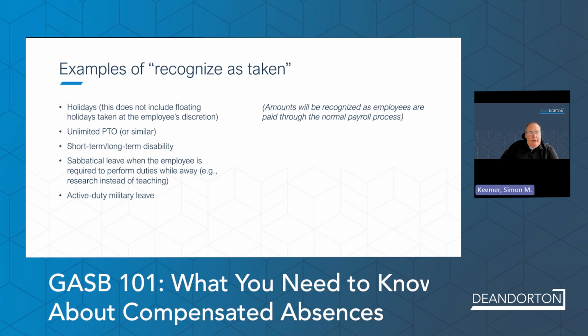If you have unlimited PTO, the PTO in the first bucket would not be recognized as earned. It would actually drop into this bucket as recognize the expense when taken. Any short-term or long-term disability is going to be recognized when it's taken.